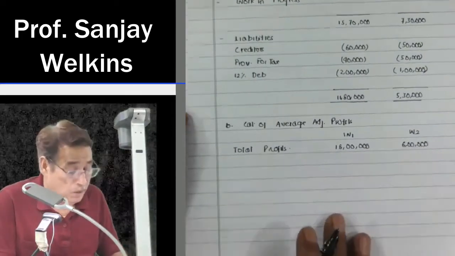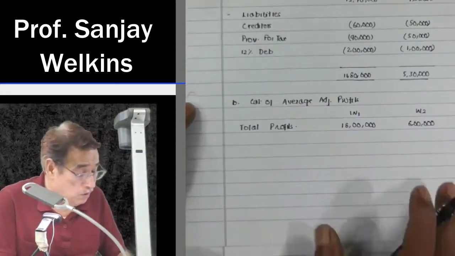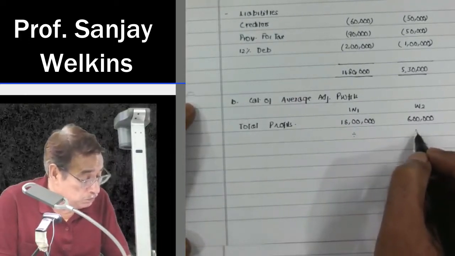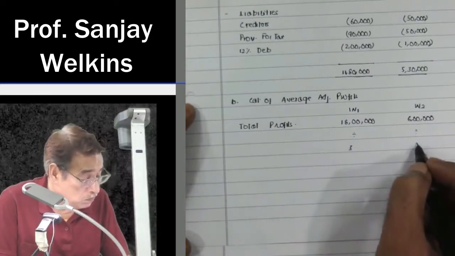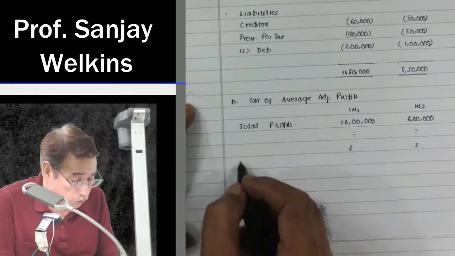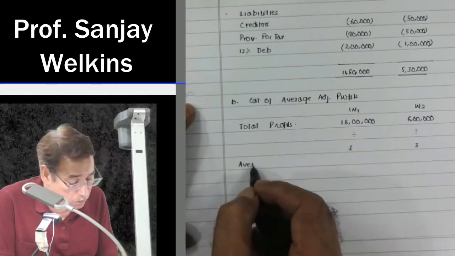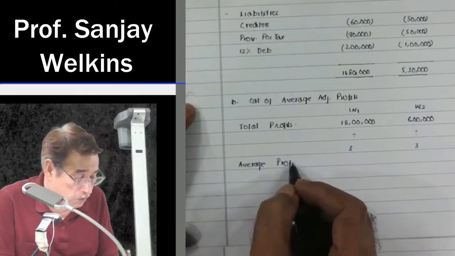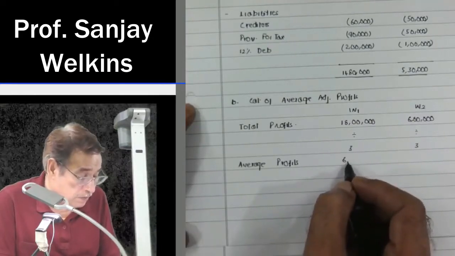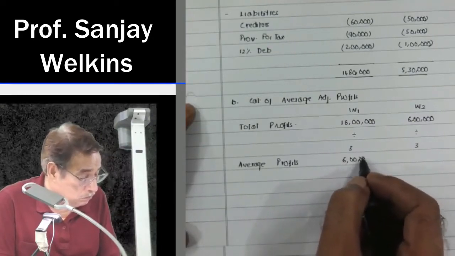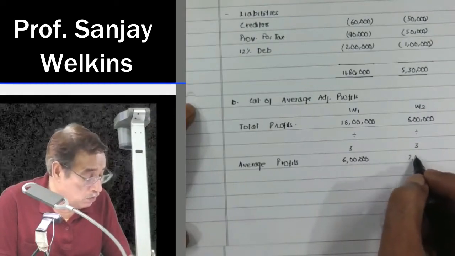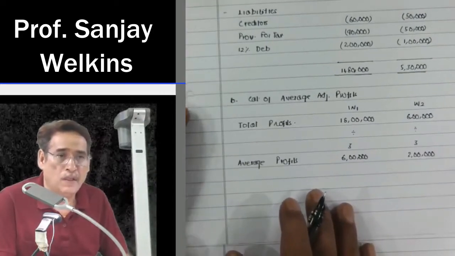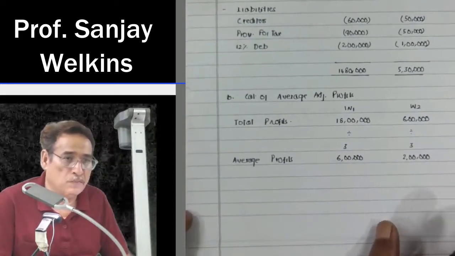Correct? Then I am going to divide it by 3 to get the average profit. So average profits are 6 lakhs and 2 lakhs. Correct?